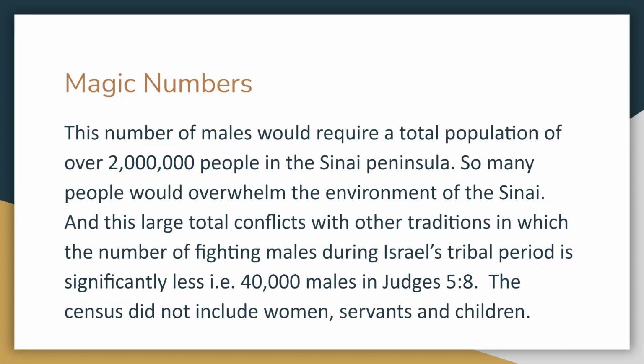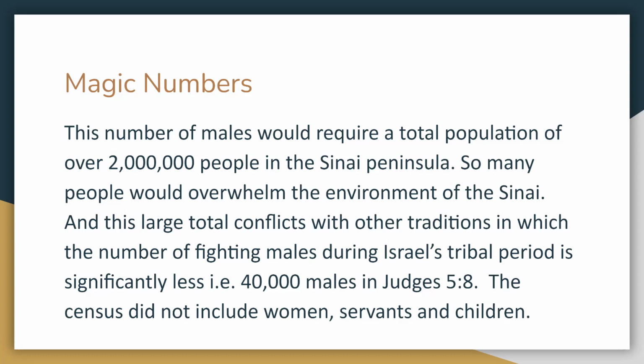So the number of males would require a total population combined of over 2 million people in the Sinai Peninsula. So many people would overwhelm the environment of the Sinai. And this large total conflicts with other traditions in which the number of fighting males during Israel's tribal period is significantly less.